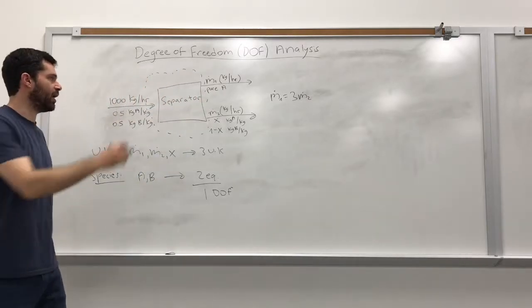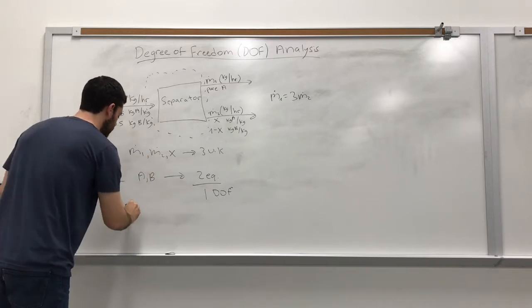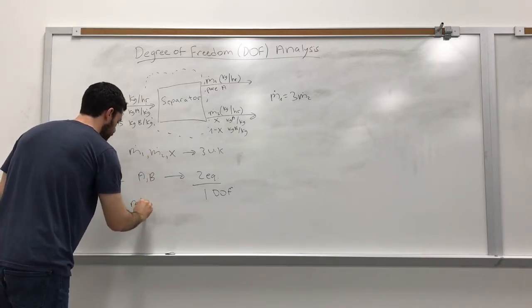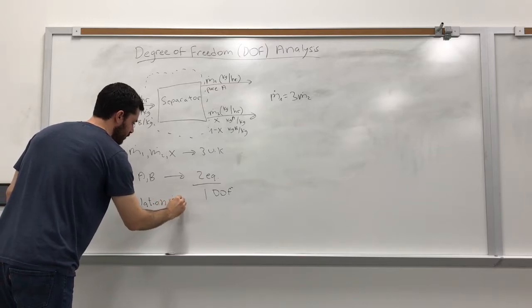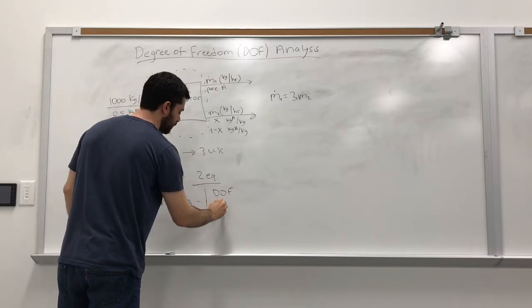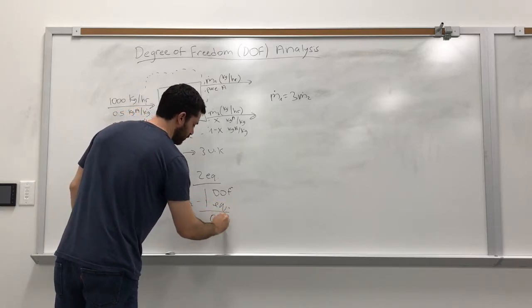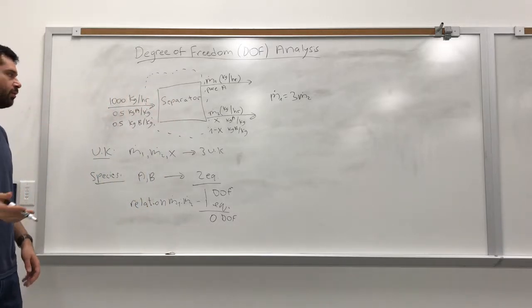Then now you would have this additional equation which will give you a connection between these two. So we have a relation of M1 to M2. So that's going to be another equation. And in that case, you'll be able to solve the problem.